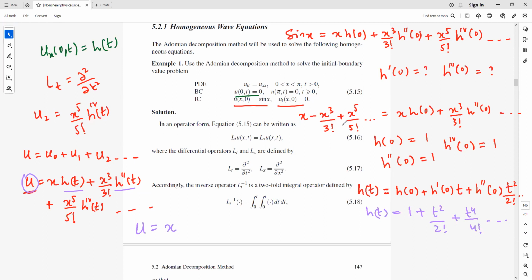And here something is missing. This h double prime is not positive one, it's negative one. I'm sorry, this is negative one, so this term will be negative.